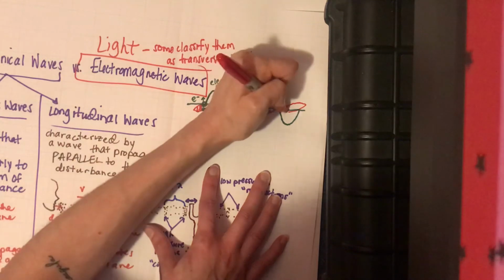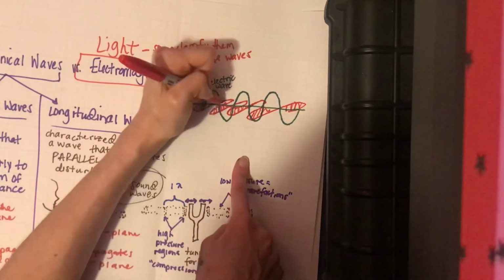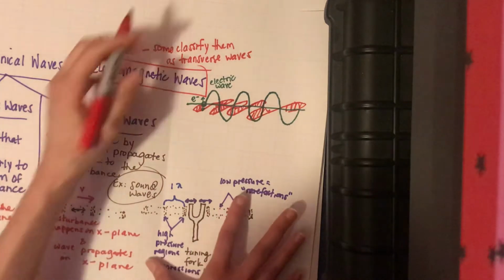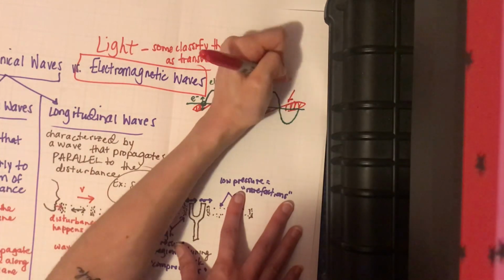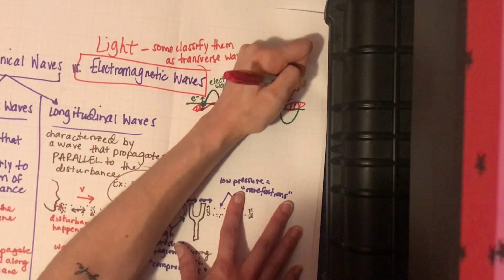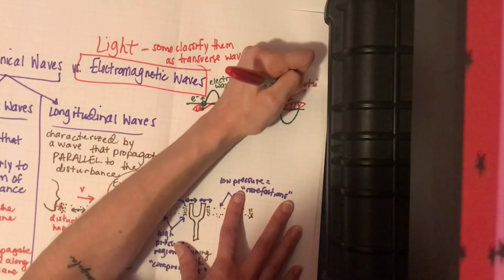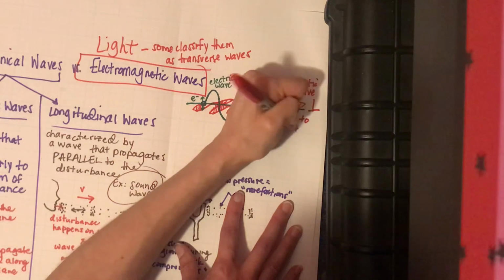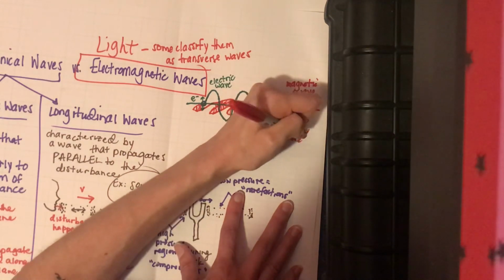Anyway, so perpendicular to our electric wave, there's actually this magnetic wave. So here we have a magnetic wave, which is perpendicular to the electric wave.